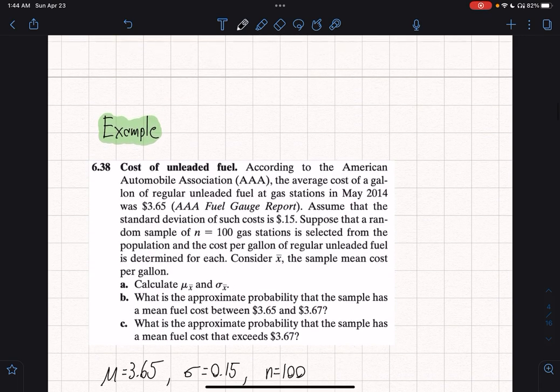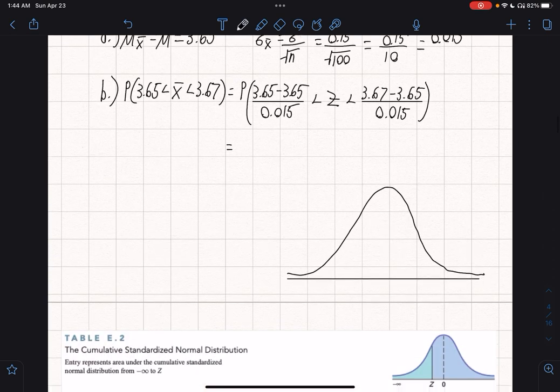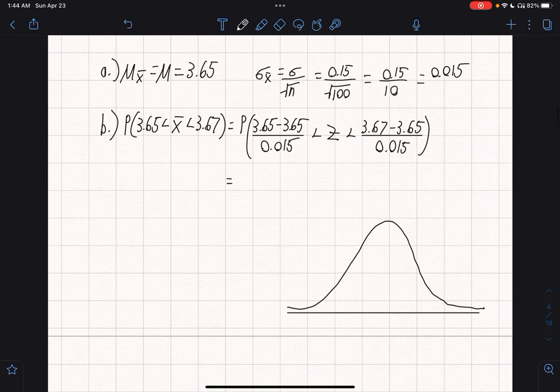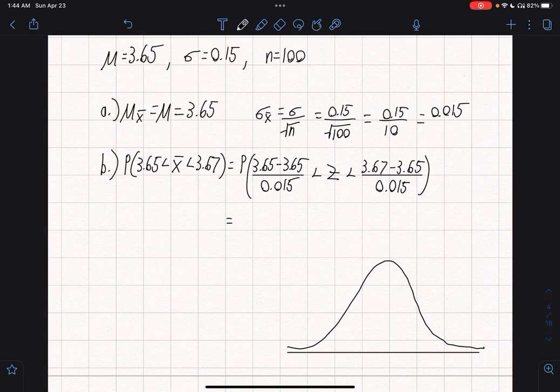I'm running out of space here. Add a page. Okay, well this simplifies to probability that z is between 0 and 1.33.